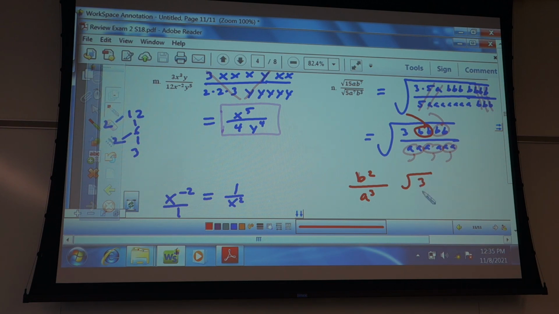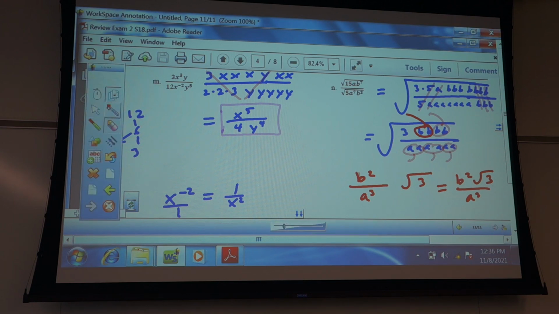So I can just do it here, or I can put it on top here, that's okay too. Either one of those is the same thing. You could even put it 3 over 1, doesn't matter, it's all the same.